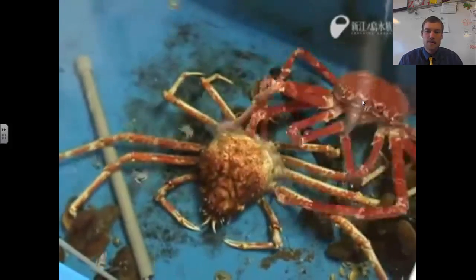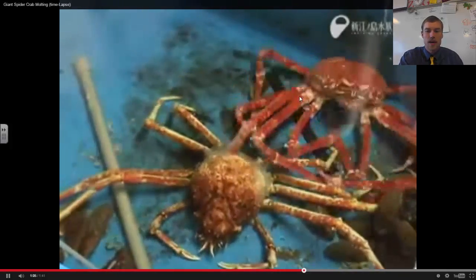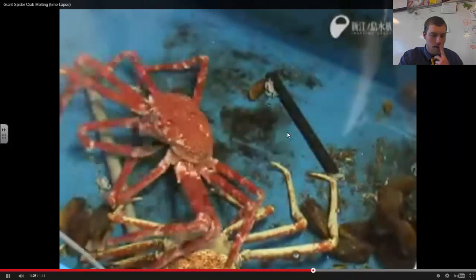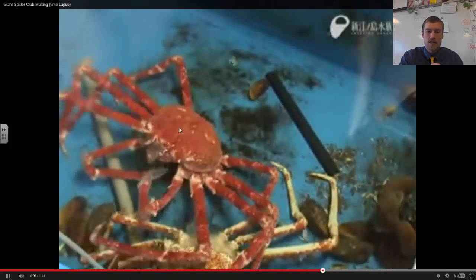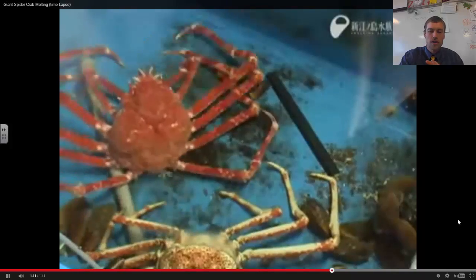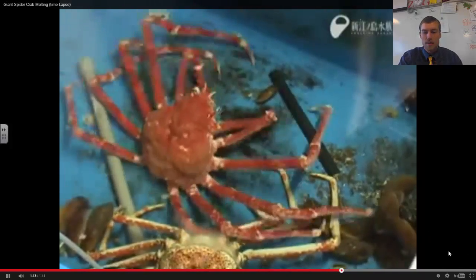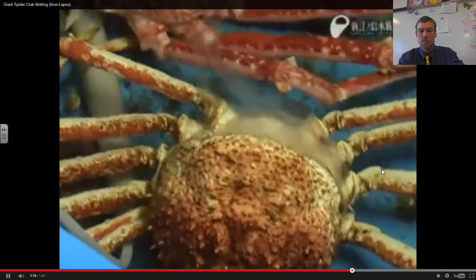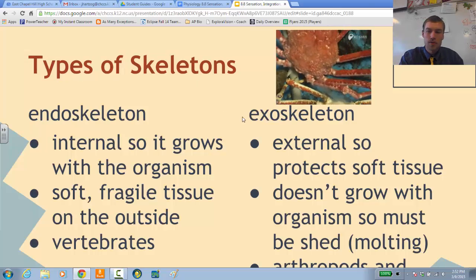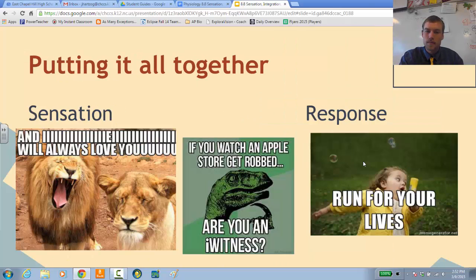So there he is. He's pulled himself out. You can see the color difference right now. Right now, he's very vulnerable because he doesn't have a shell, and this is a time in the lives of all these creatures that molt where they're pretty susceptible to predators. So cool stuff there.